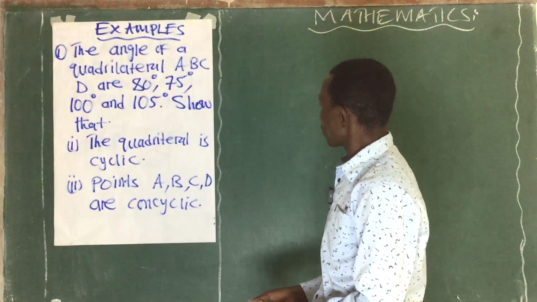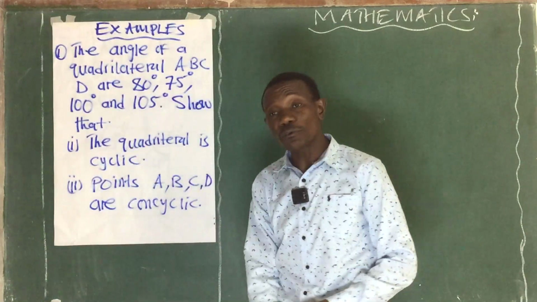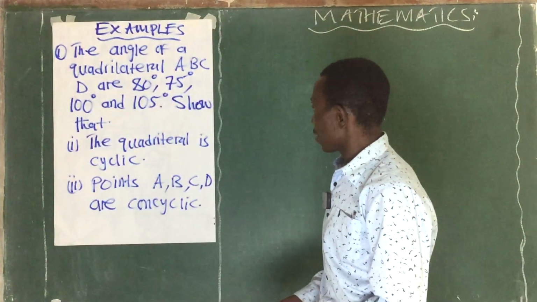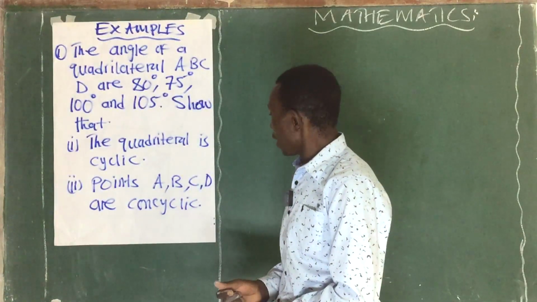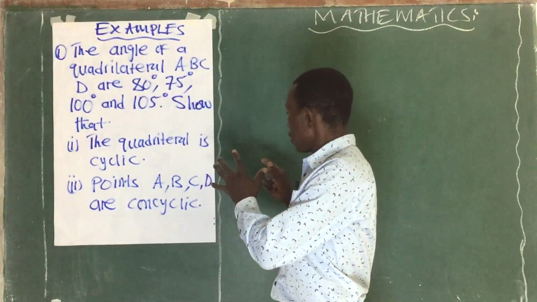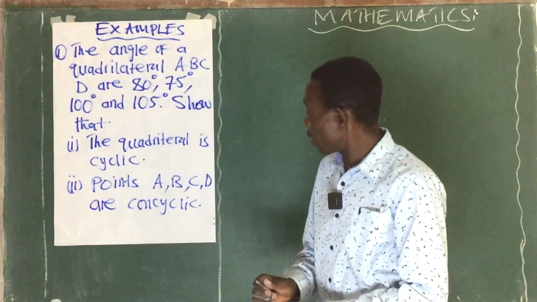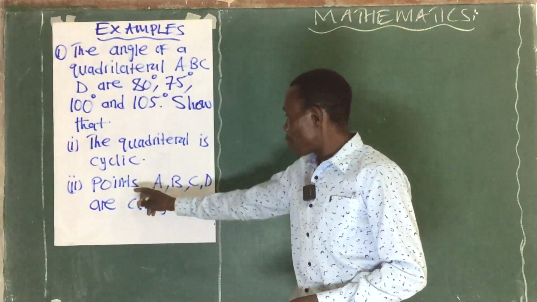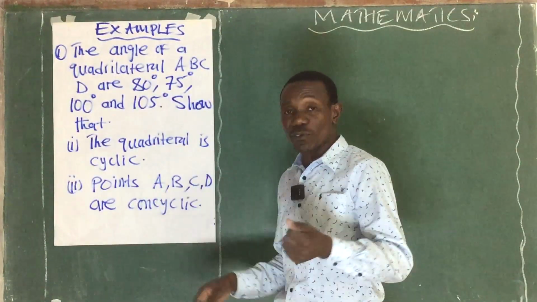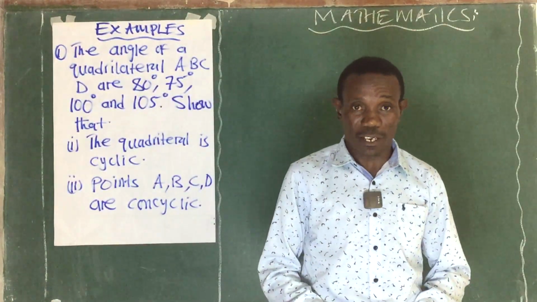We are asked to show that the quadrilateral is cyclic. Is quadrilateral ABCD cyclic? Once we have proved that it is cyclic, it means the vertices are concyclic, so we can deduce that the points that make up that quadrilateral must be concyclic.